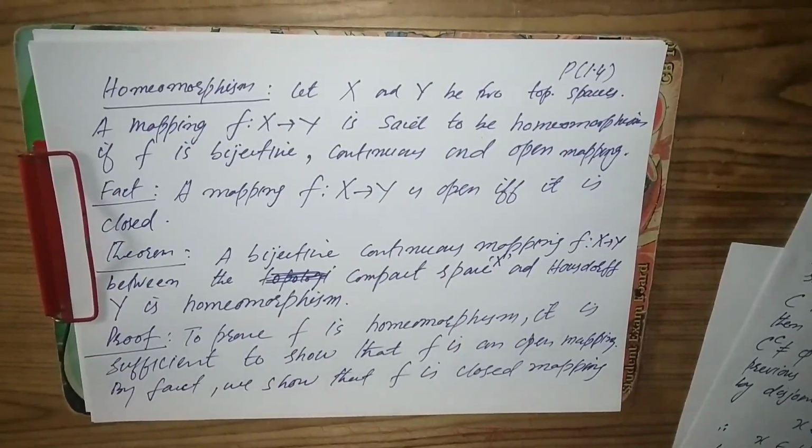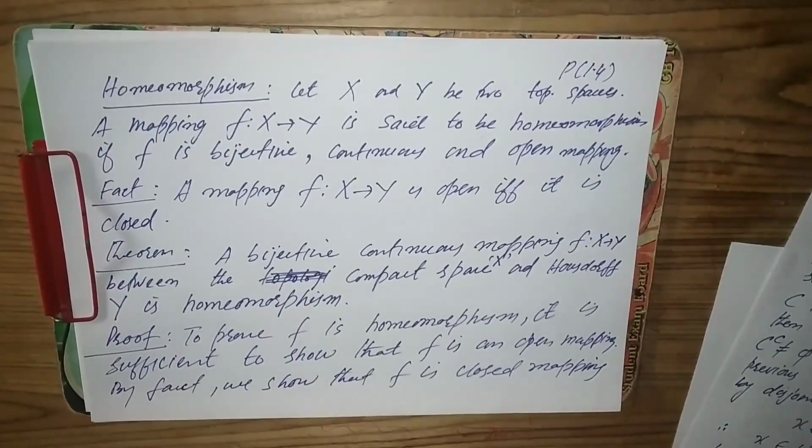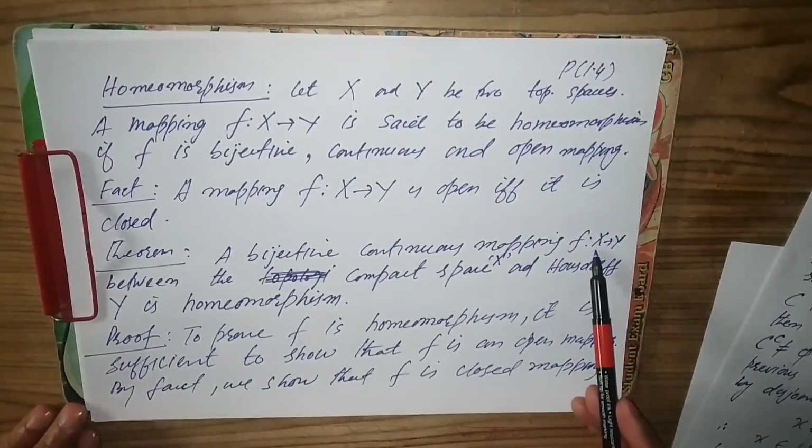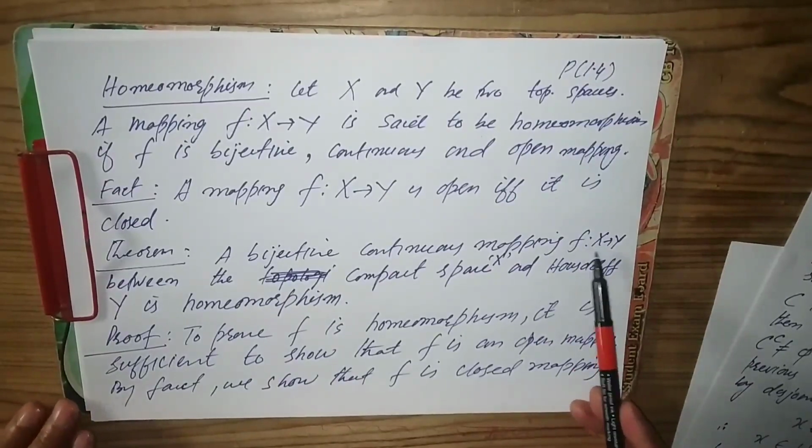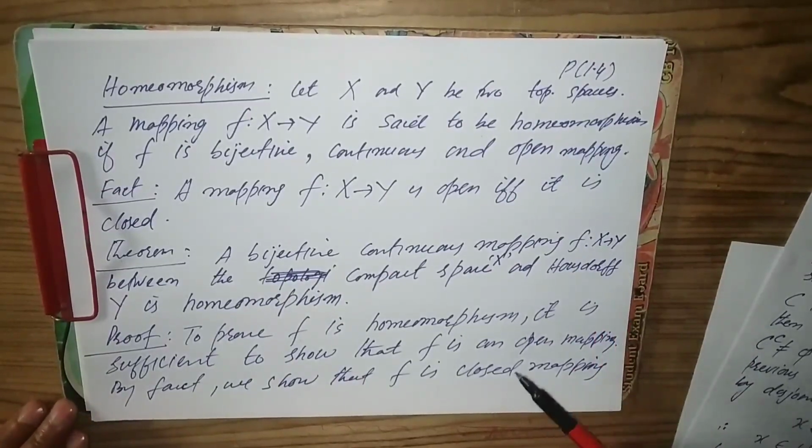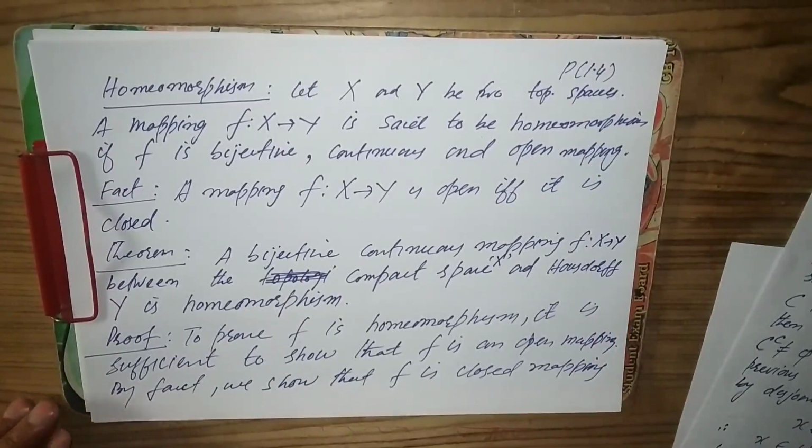So closed means we show that it maps closed sets onto closed sets. Take any closed set in X, we show that the image of the closed set is closed in Y. So let's take any closed set.